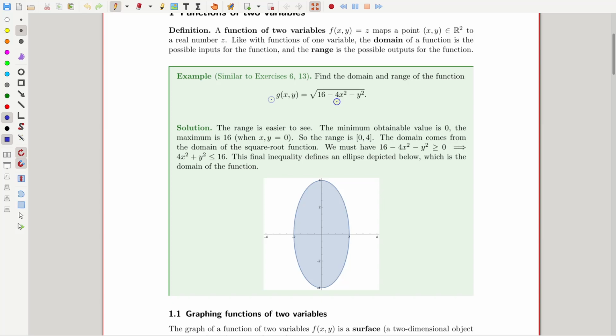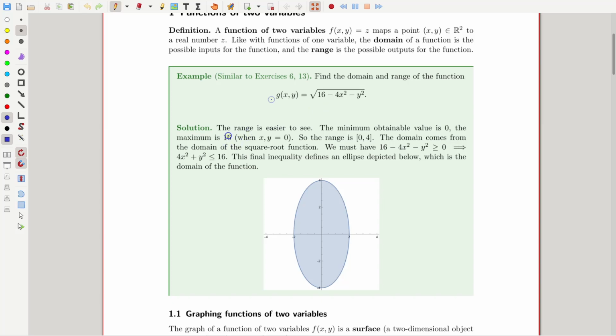And then for the maximum, what is the highest thing we can get? These two quantities are always going to be positive, before we take the negative. The fact that x is being squared and y is being squared means that these terms will be positive until we subtract them. So what is the smallest value that we can subtract from 16? The smallest value would be 0, which would make this the square root of 16, which would make it 4.